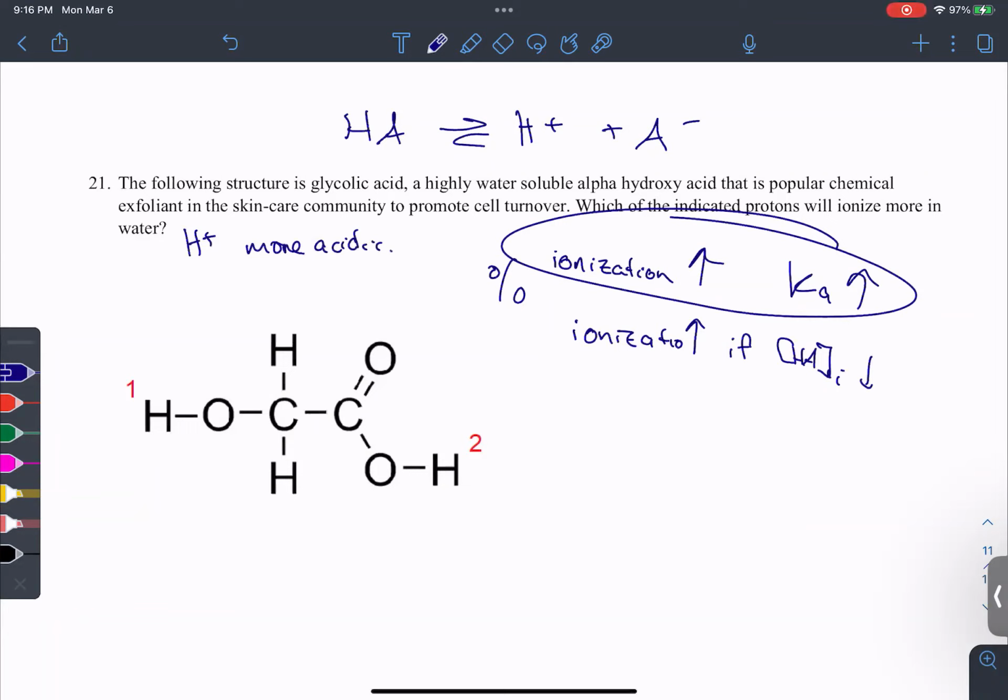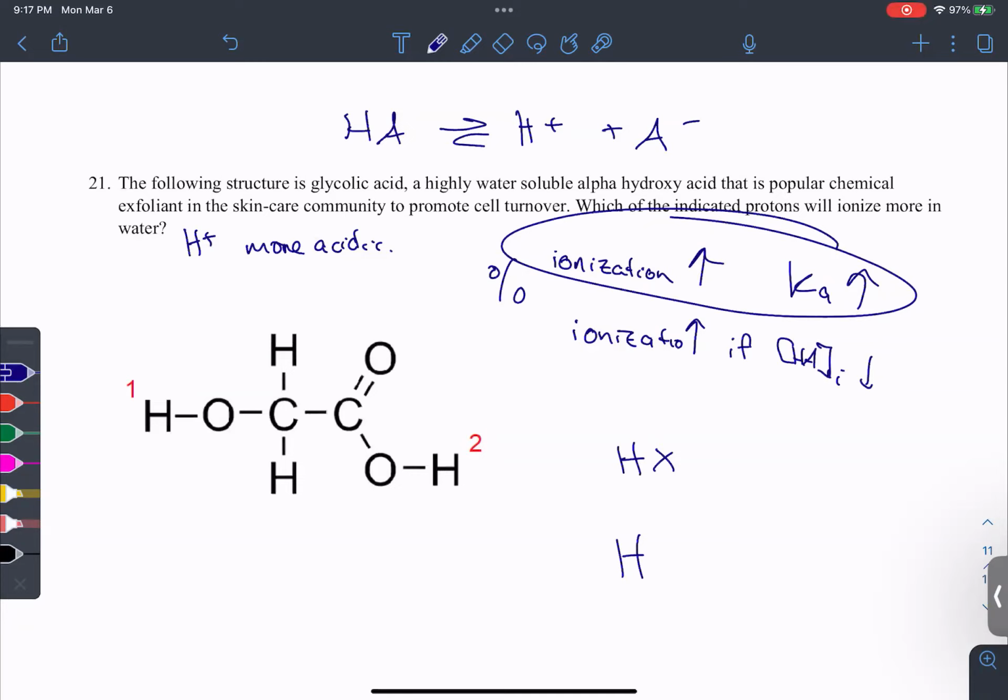So this was a small section in chapter, I don't remember if it was 16 or 17, about the trends with acidity, with binary acids, and with oxo acids. So if I have a hydrogen proton here, what do I want to write?